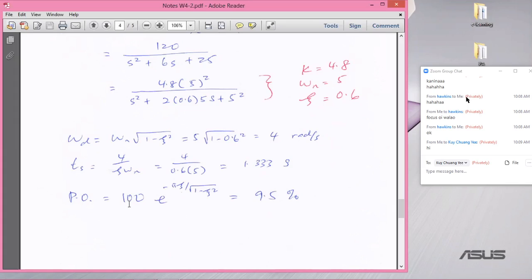If you want less than that, when you design a control system, you need to increase this damping ratio. So percent overshoot is just a function of damping ratio, while omega d and settling time are functions of both omega n and damping ratio.